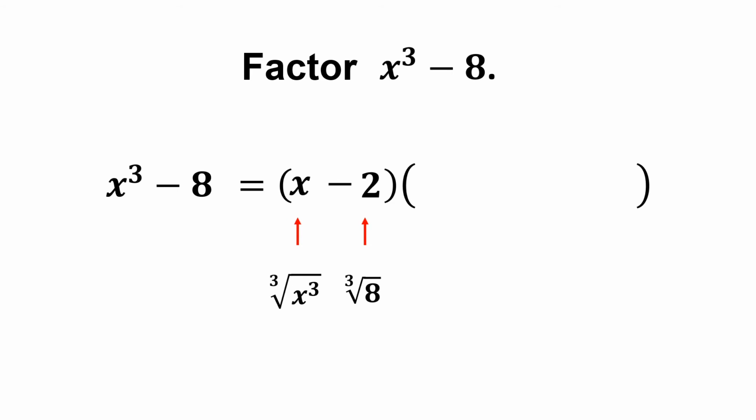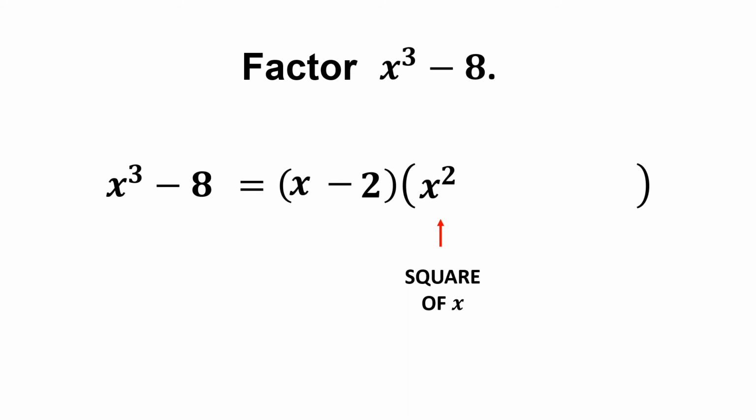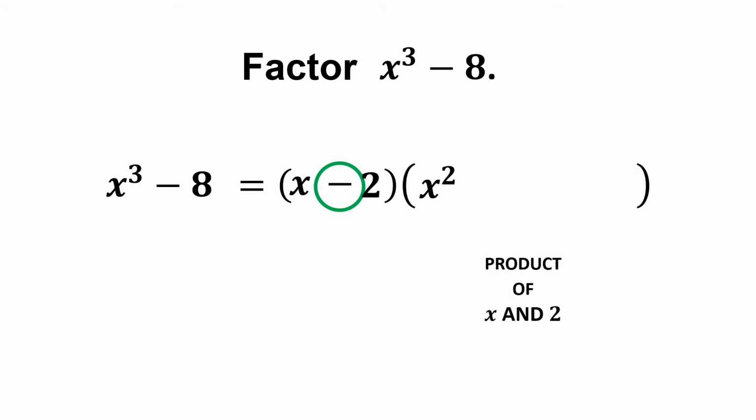For the trinomial factor, the first term is the square of the first term of the binomial factor, which is x squared. Since the binomial factor is a difference, the middle term of the trinomial factor must be the positive product of the terms of the binomial factors.